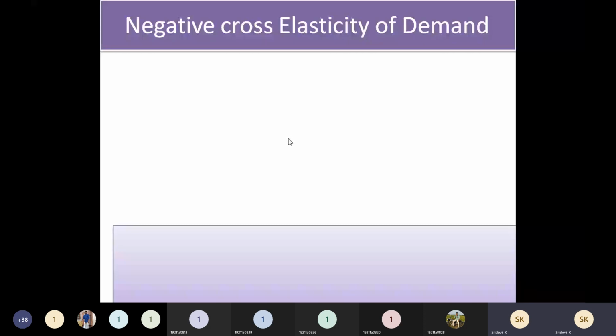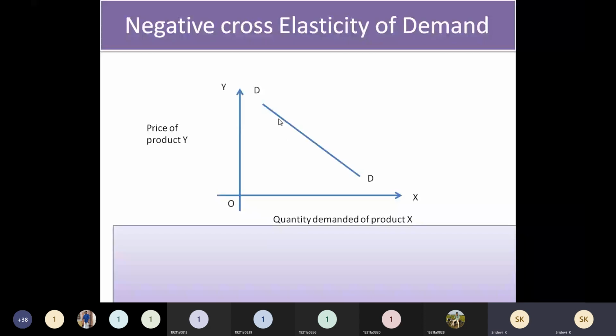So here when price of Y product is increasing, let us take P as the price for comparing. Q1 is the quantity. So when price is increasing to P1, quantity of sales will be reduced here. Negative means you have to keep in mind an opposite reaction will be there between the price and the quantity. Same thing you are going to explain here.